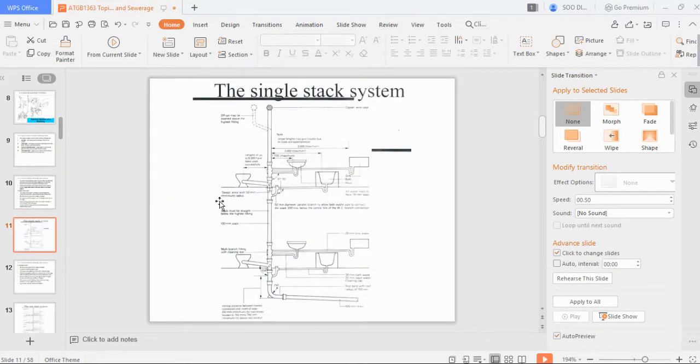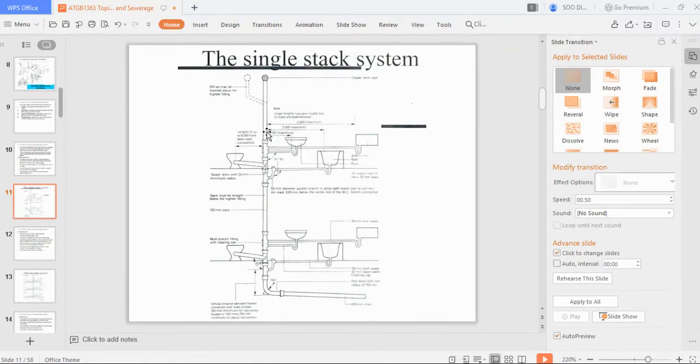So let's have a look at this. This is a single stack system. You're able to notice that you have a single pipe and then all your sanitary appliances are connected to this single pipe.